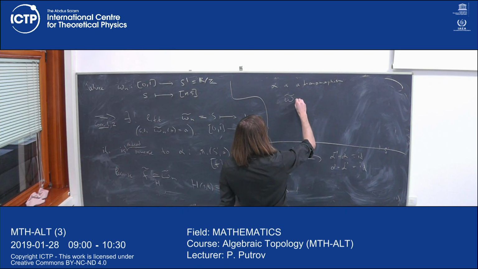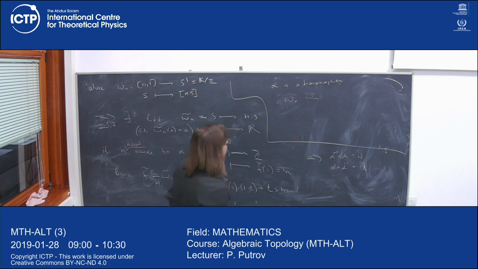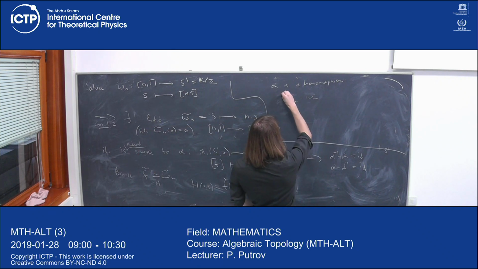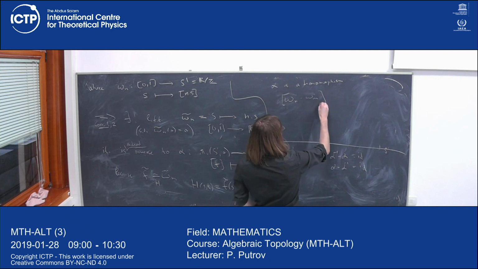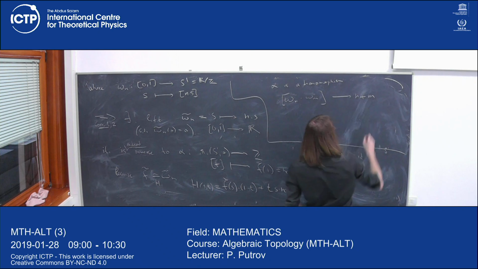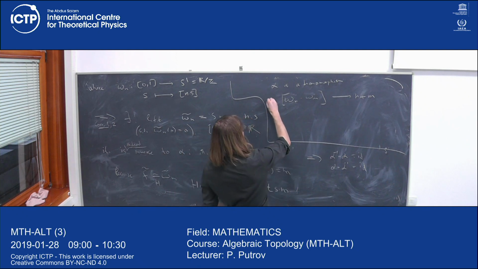So I want to show that if I take a composition of omega m, omega n, this goes to n plus m under alpha.